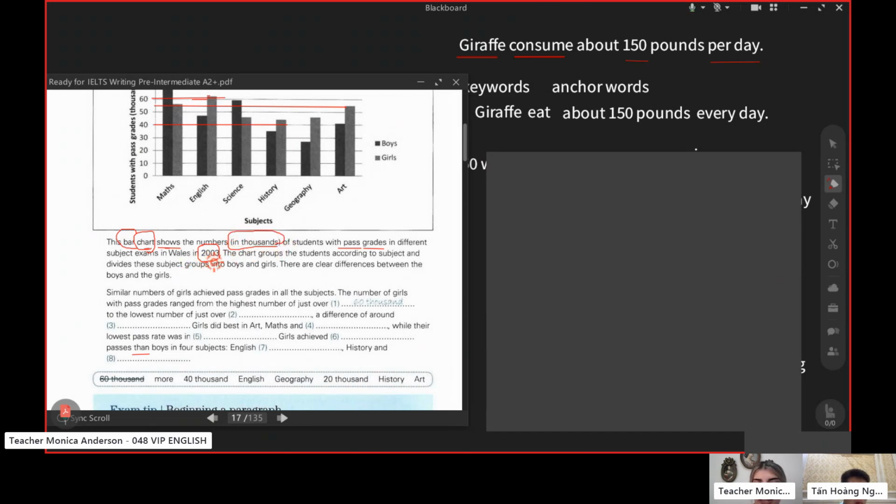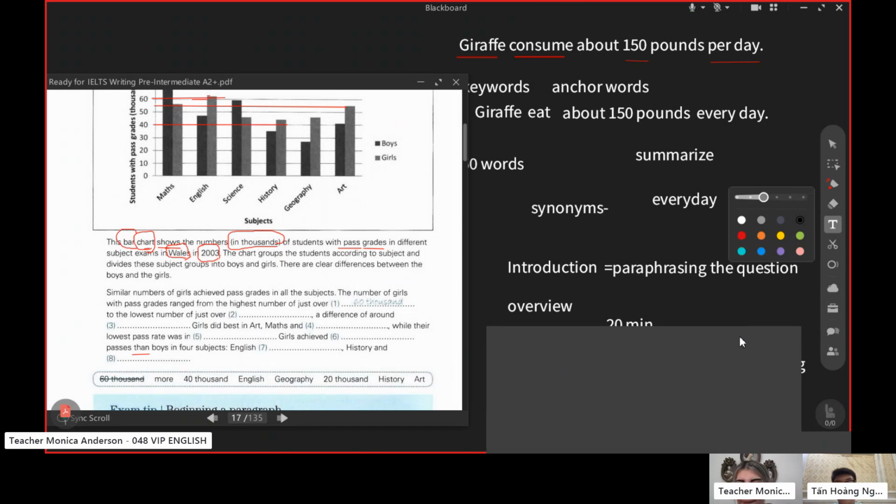And of course, we have the year, and we have Wales. Of course, this is the name of a place, so we can't change it. So as you can see, if I want to rewrite it in a different way, I can say the bar chart, instead of shows, I can say illustrates. Oh, this is white. So let me change the color to black so that you can see.